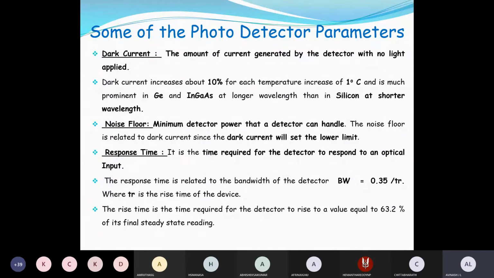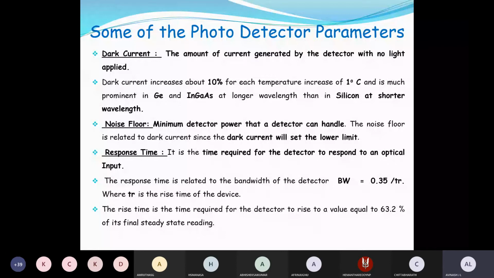So the noise floor is related to the dark current, since the dark current will set the lower limit, because even though we don't apply anything, some amount of electricity is generated, which is called dark current. So that is called the lower limit. From that lower limit only, we need to calculate the remaining things.